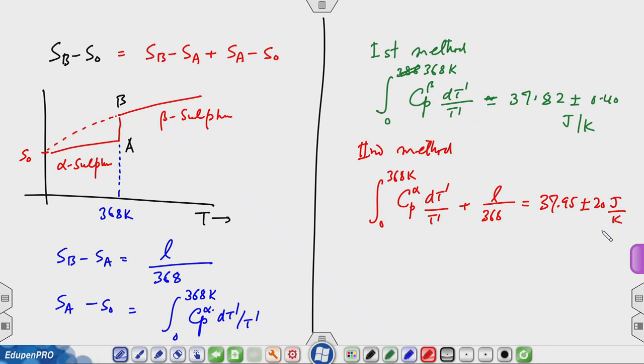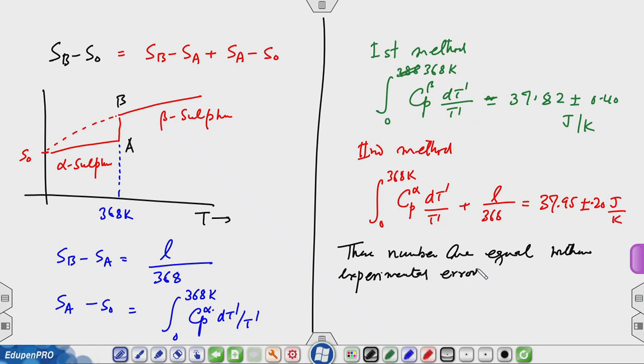These numbers are the same within the experimental error, 0.20. So, these numbers are equal within experimental error, and this implies immediately that S naught is the same for both the materials.